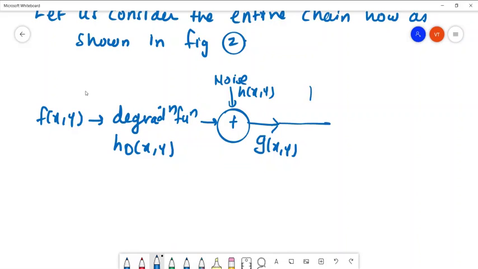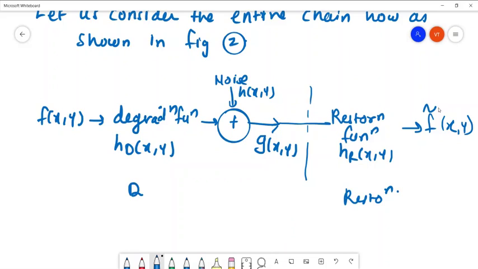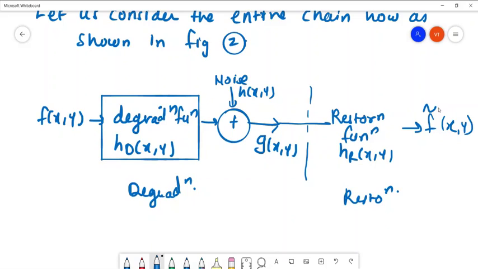So this is given to the restoration function represented by hr(x, y), and then we'll get f tilde(x, y). Okay, so this is restoration and this is degradation. We can show this in a block diagram, like this.